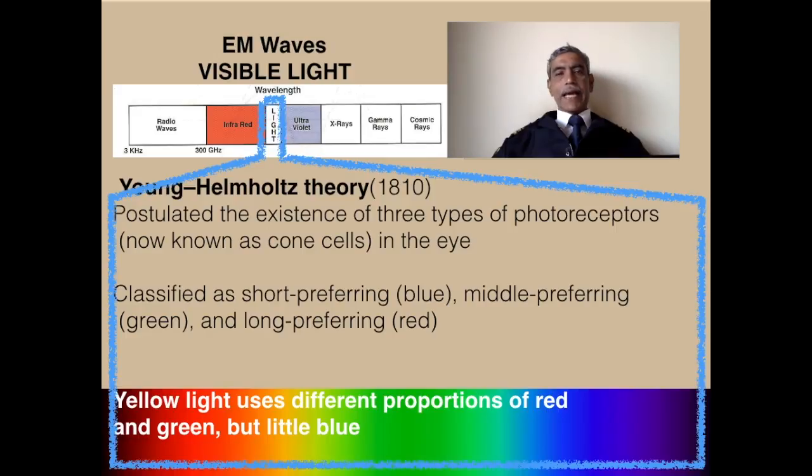There are three different types which prefer three different bands of color, that is blue, green, and red. And yellow light uses different proportions of red and green, but very little blue.